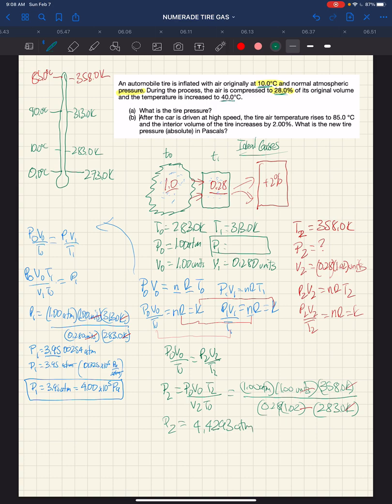And if we wanted it in atmospheres and pascals, we can put in our conversion, 1.01325 times 10 to the 5th pascals per atmosphere. And that leaves us with a P2 equal to 4.43 atmospheres. And that is equal to 4.49 times 10 to the 5th pascals.